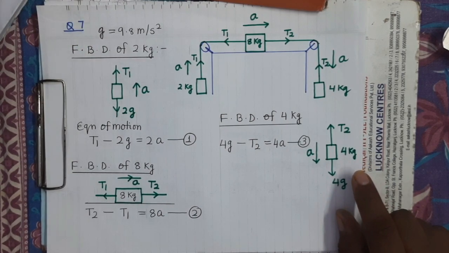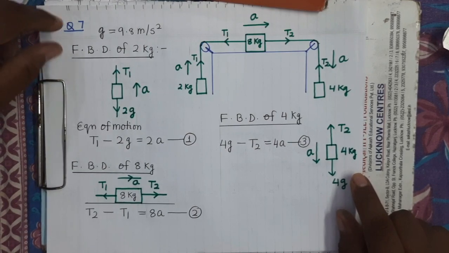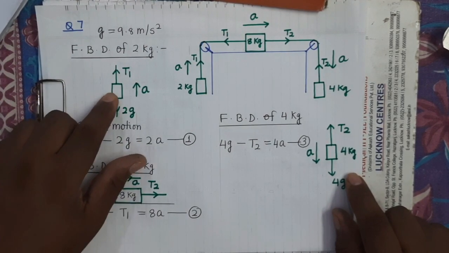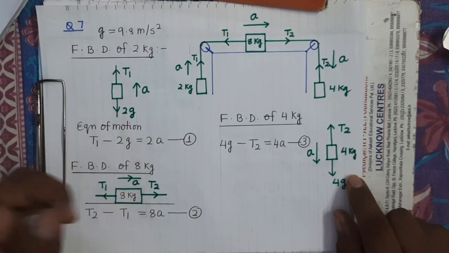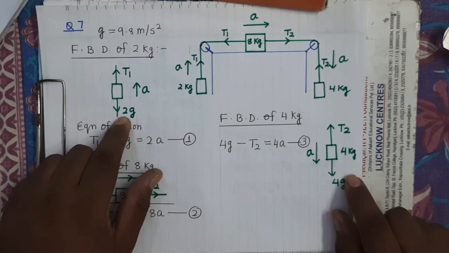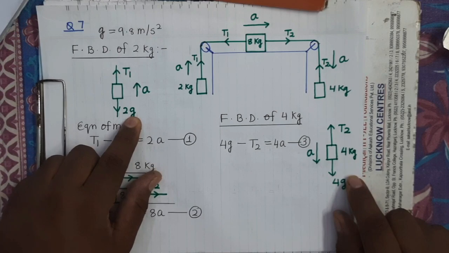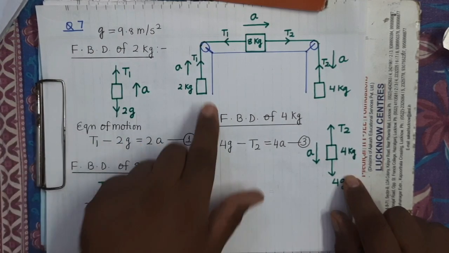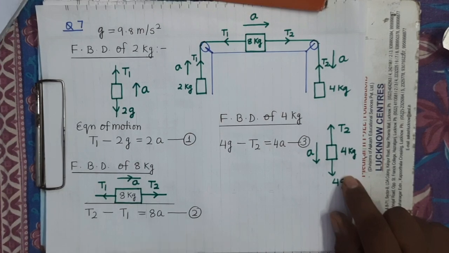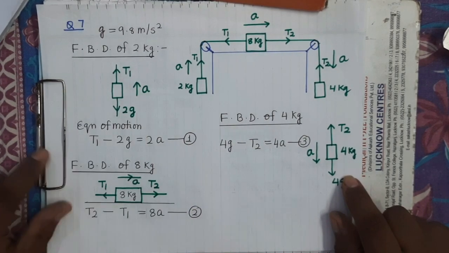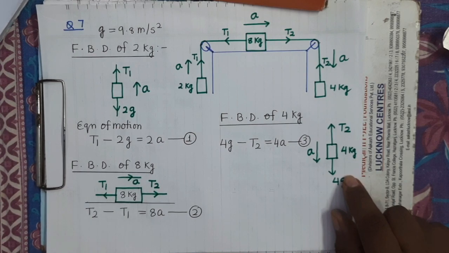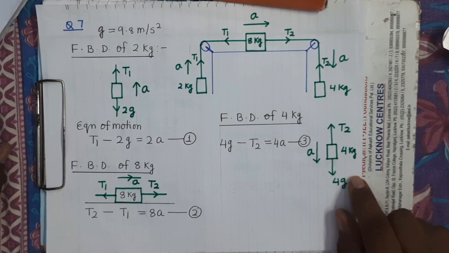So you can see here the free body diagram of the 2 kg block. How many forces are acting on the 2 kg block? One is its weight. Weight equals m into g, so m is 2, into g, the acceleration due to gravity. Tension T1 is upward, and A is the direction of acceleration. These three things are required for writing the equation of motion. It is clear.